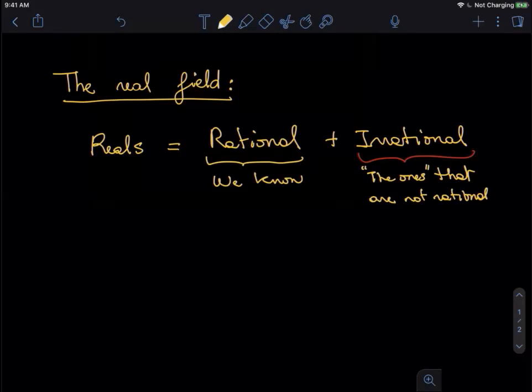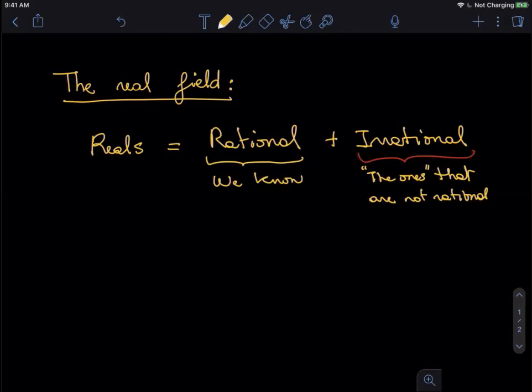Here the definition uses the thing being defined, if you see what I mean. When you say the ones that are not rational, you are implicitly referring to a framework of real numbers, okay? Because the ones have to exist somewhere, okay? But this is a catch, okay? So the definition becomes circular and that's not acceptable.